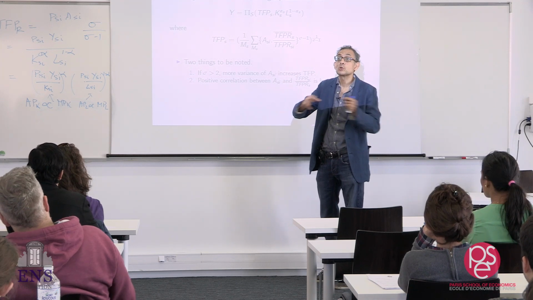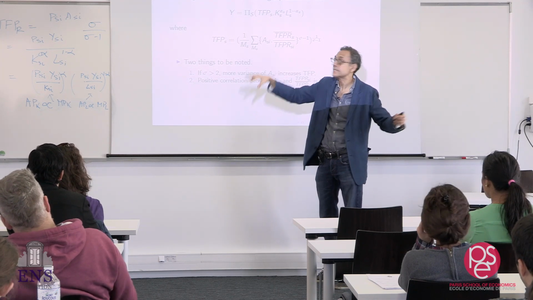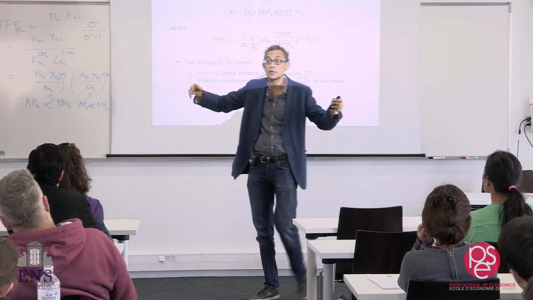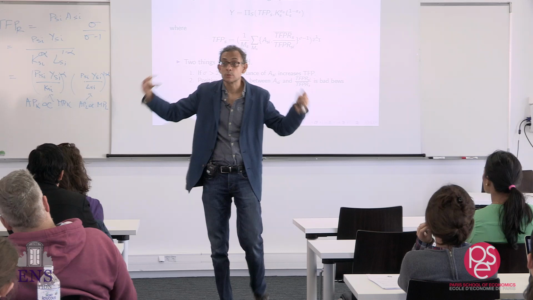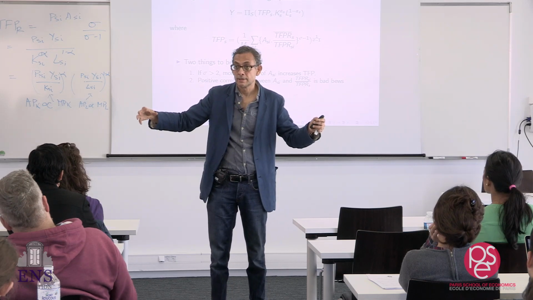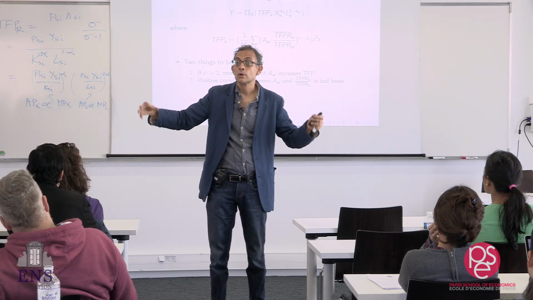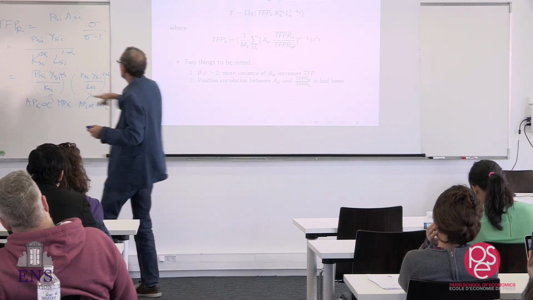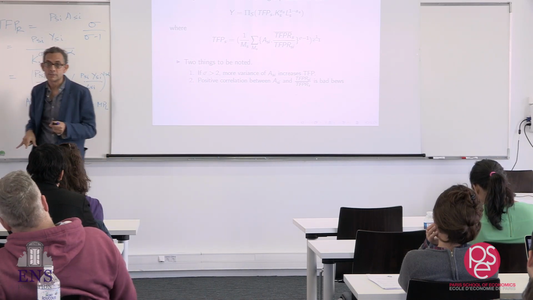Everything else enters through the level of the marginal products. The marginal products are going to be lower in a country which has more resources. But this ratio is still going to be equal across all firms.